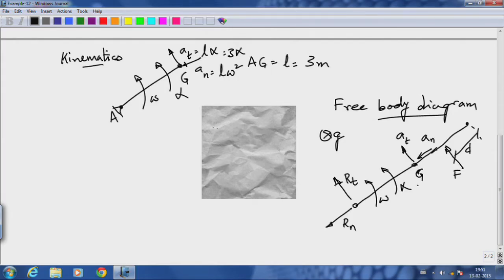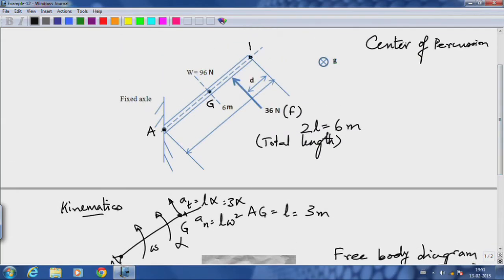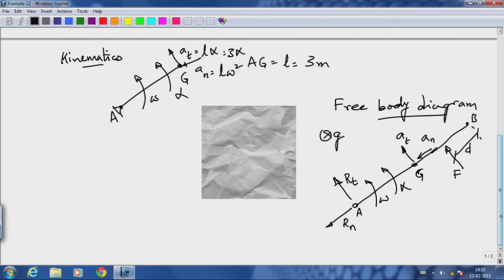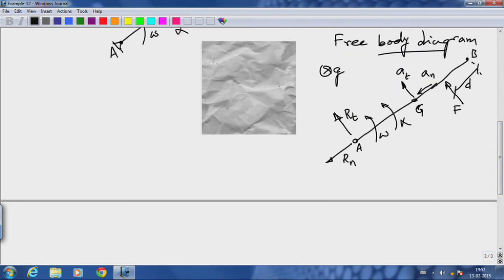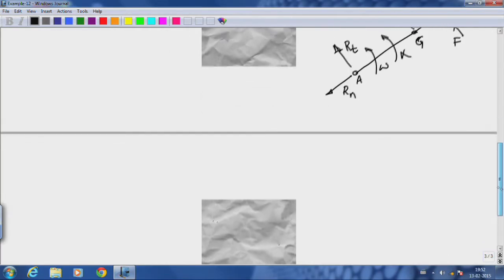So, the only forces acting on this rod AGB, I will denote the end of the rod as some B, is a force F acting at a distance d from the end B, and two reactions, the normal reaction Rn and a tangential reaction at the pivot A, which is magnitude RT. Okay, so what do we learn from this? So the first thing we will do is apply our force balance.